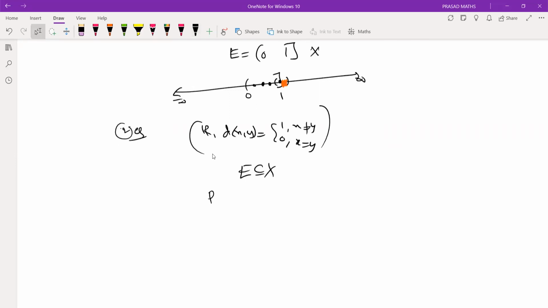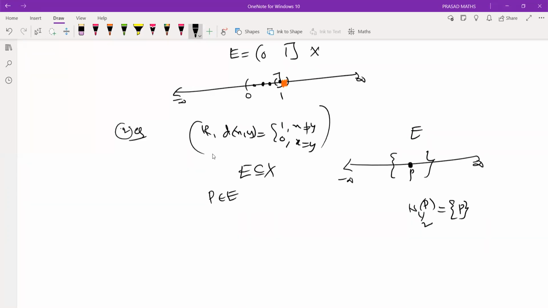Yes, because you give me any point of E. This is my subset E, and this is my point of E. So I can find some neighborhood. What is my neighborhood in fact? Singletons, points. Neighborhood of P with radius 1/2. This is my singleton P, which is inside E. Therefore, P is an interior point of E.